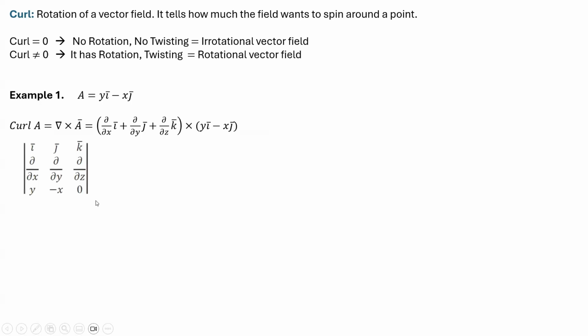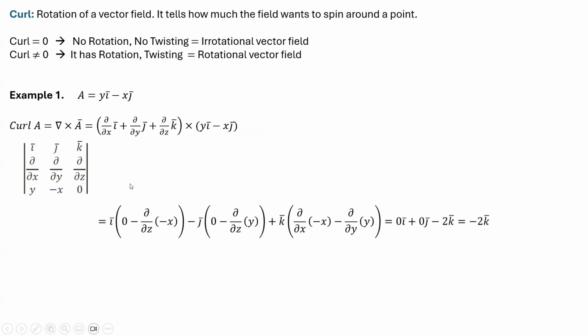That's the determinant formation of this problem, and we will solve it like this. For example, in terms of i cap, this column and this row will be eliminated. So we'll do the multiplication between delta by delta y times 0 minus delta by delta z times minus x. Something like this.